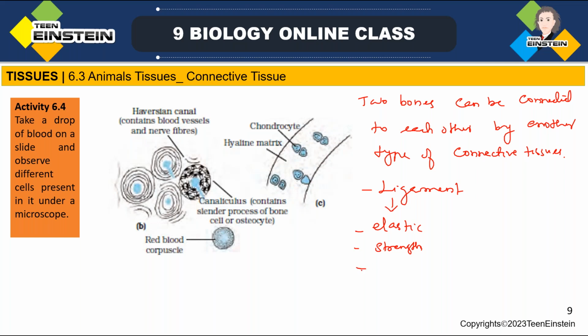Then here we need to say that ligament has very little matrix, and it connects two bones, like a bone with another bone. That connects bones with each other.